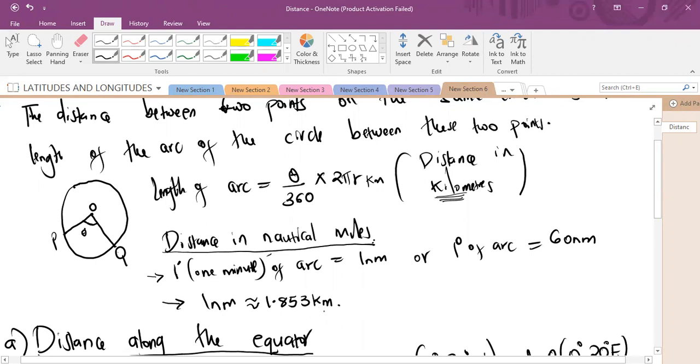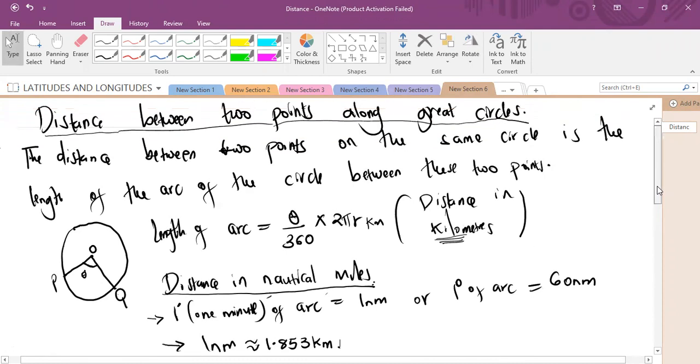And also 1 nautical mile is approximately equal to 1.85 kilometers. So we can use either of these depending on what exactly we've been given to get the distance in nautical miles. So remember, we're evaluating distance along great circles.